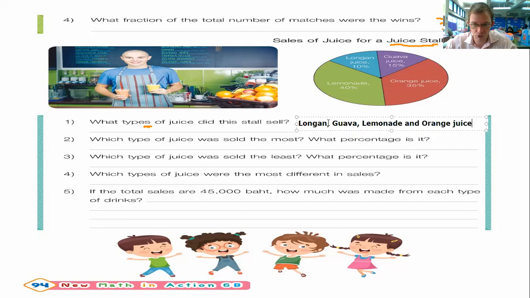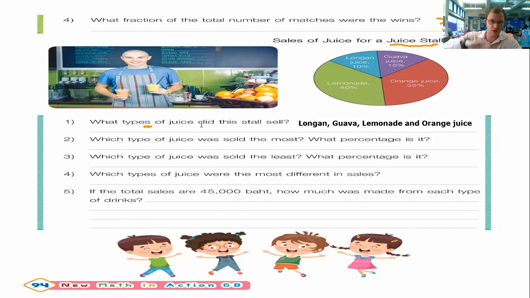Remember to always put your commas when you're dealing with multiple groups of the same type. And you don't have to put juice after each name. You can just say longan, guava, lemonade, and orange juice. With the juice at the end, it refers to all of the ones in front of it. So it's an easy way to write down groups of information.